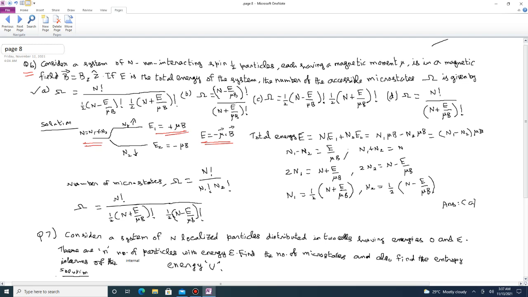E1 is equal to plus mu B, E2 is equal to minus mu B.